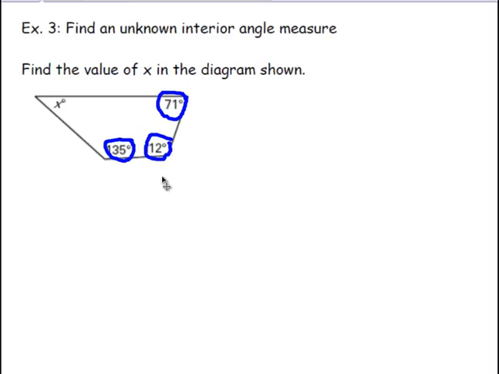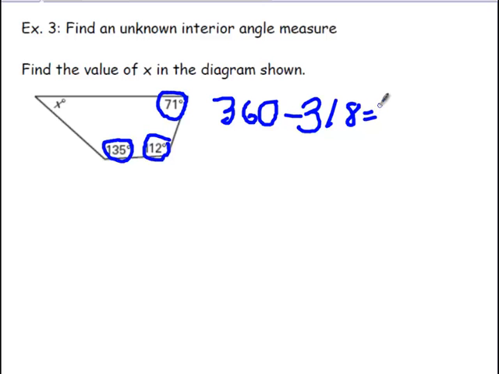So 135, 112, and 71 degrees. I add those up and I get 318 degrees. And I know there's 360 total degrees in my quadrilateral, so I will subtract 360 take away 318, and I get 42 degrees. So x equals 42 degrees, my missing angle.